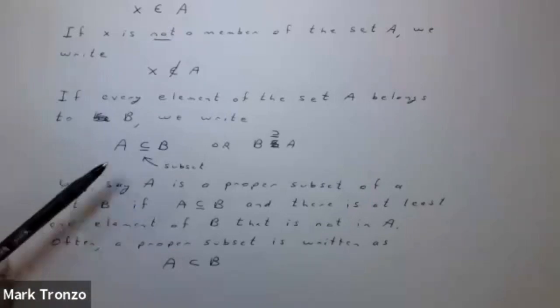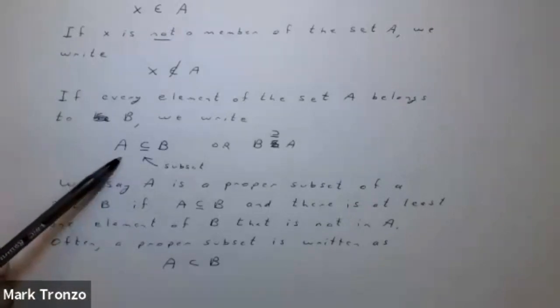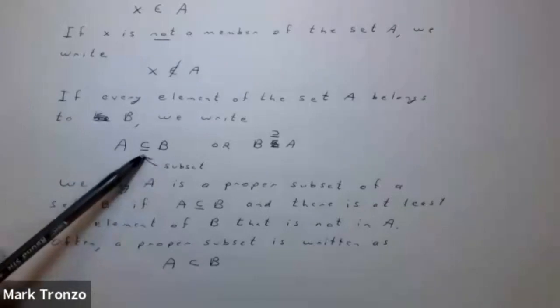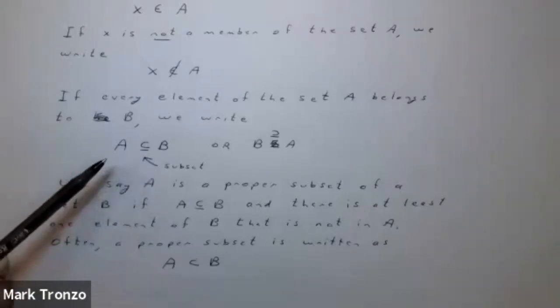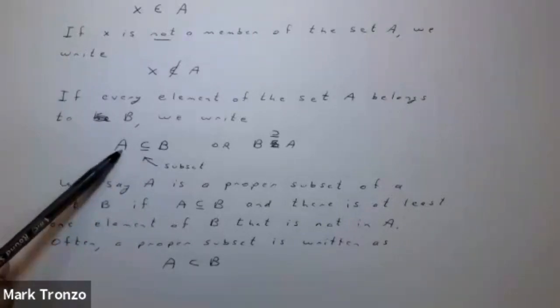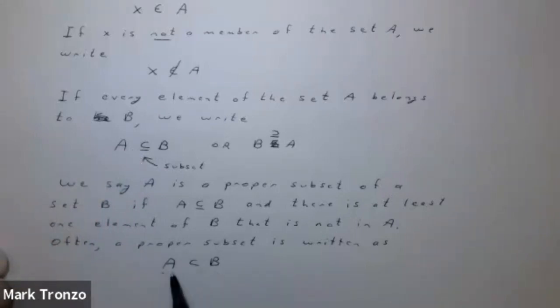This notation up here means A is either less than or equal to B; in other words, it could be a proper subset of B, or it could be equal to B. And then this is saying it's a proper subset, definitely less than B. In other words, there are fewer things in A than there are in B. So it's the idea you had before with less than or equal and less than. And so that's just some notation for that part.